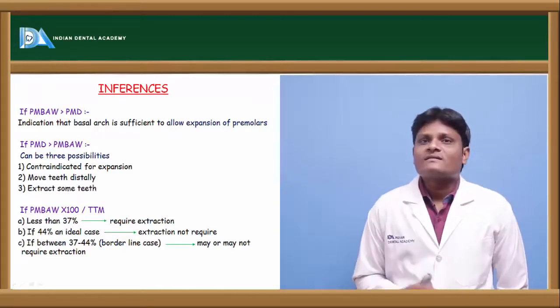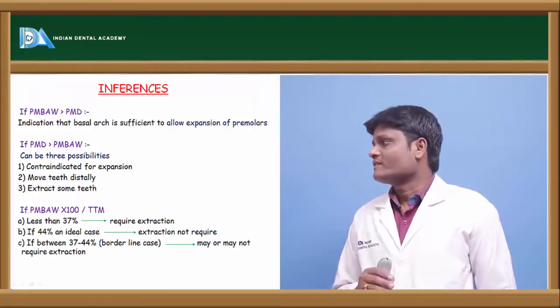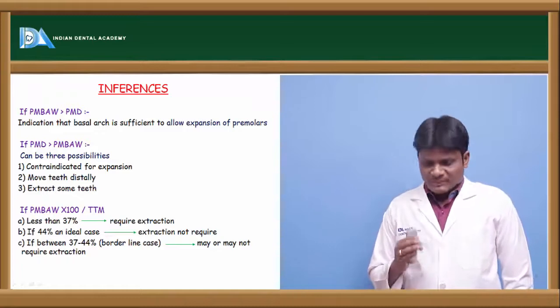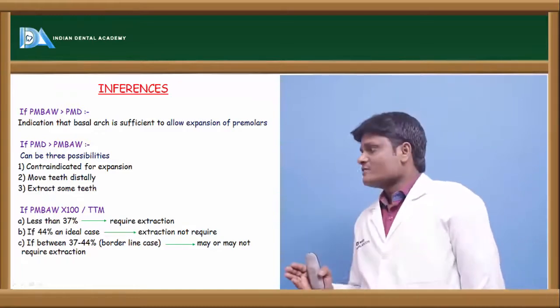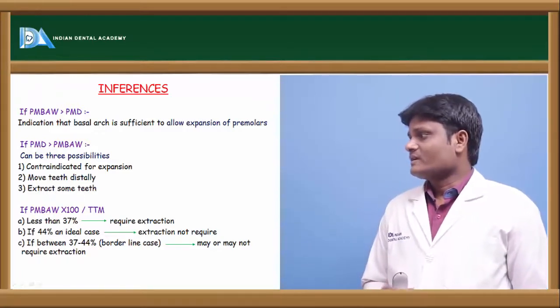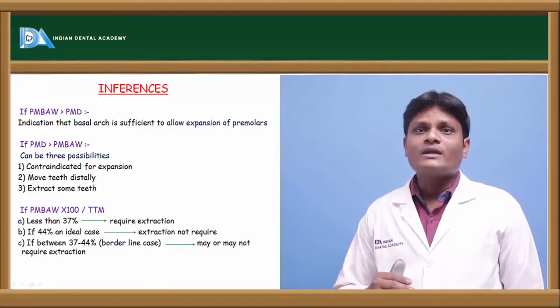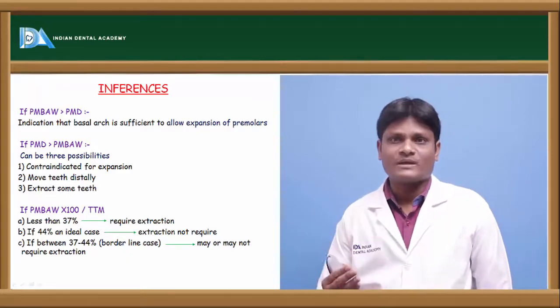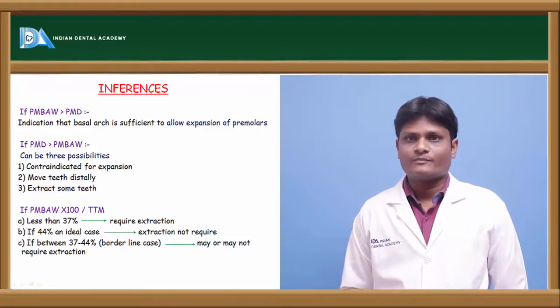And the last inference is the premolar arch width percentage. If the percentage of premolar basal arch width is less than 37%, that indicates we need to go for extraction treatment. Expansion is not possible.